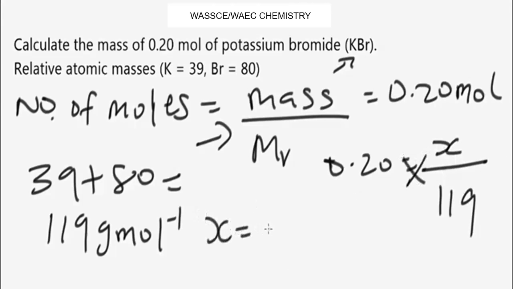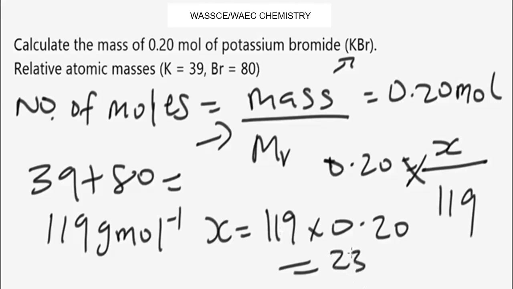So our x, the mass, will now be 119 times 0.20, which, when you punch it in a calculator, gives 23.8. Now if you are leaving it to the nearest whole number, the 8 rounds up, so it will now be 24 gram. And that will be the answer to this question.